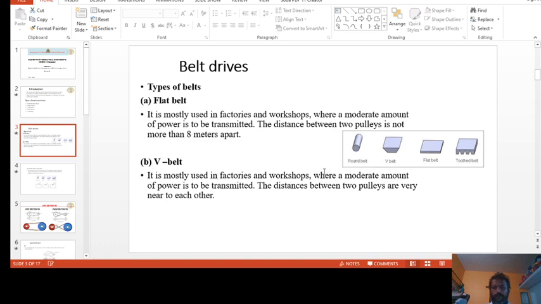The shape of the V belt ensures that the contact between the pulley and belt is more, and hence the frictional force is more than the flat belt. In the case of the V belt, the slip is less, so the V belt can transmit more power compared to flat belts.